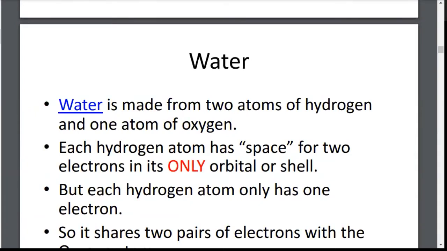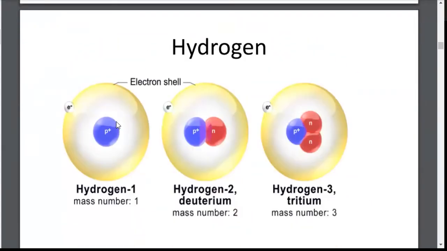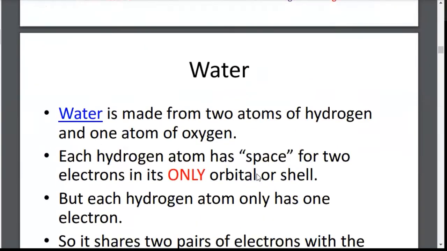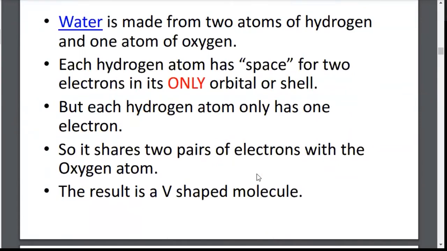It's made from two atoms of hydrogen and one atom of oxygen. Each hydrogen atom, that we showed you above, has space for two electrons, particles which can spin around the orbit or the shell. But if you look at the picture above, each hydrogen atom only has one electron.